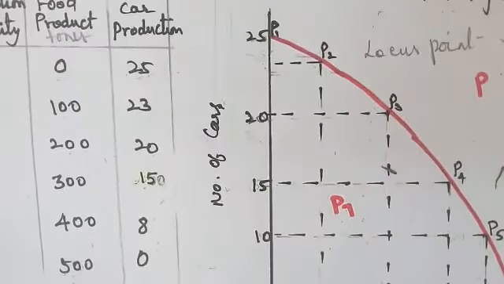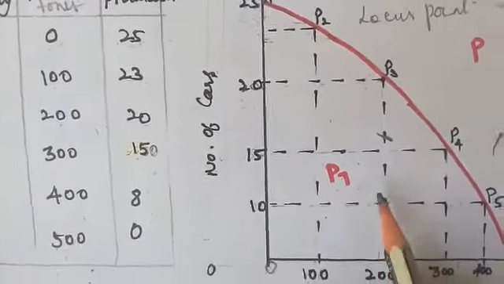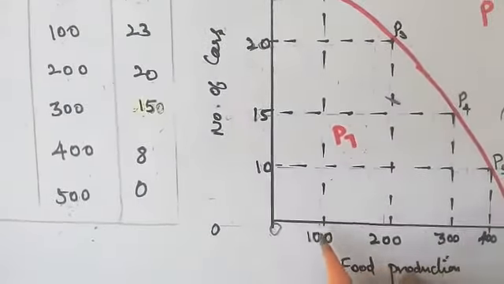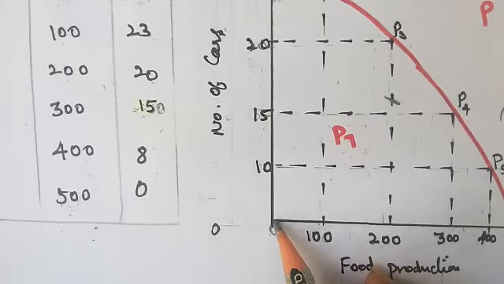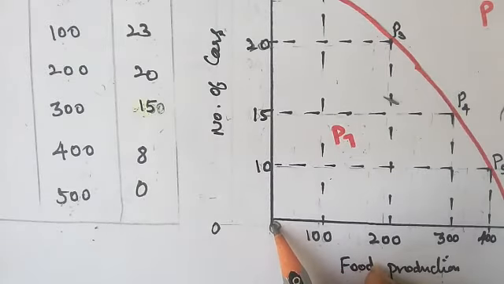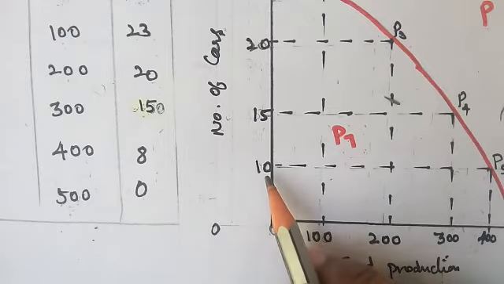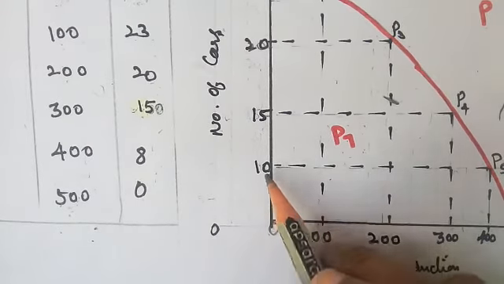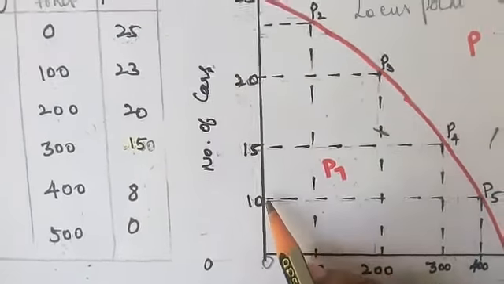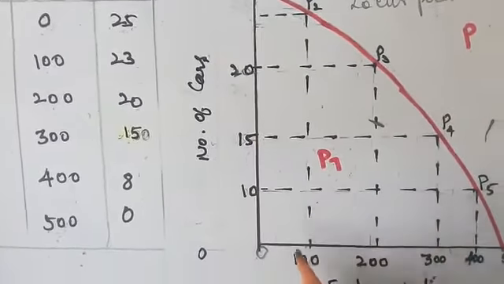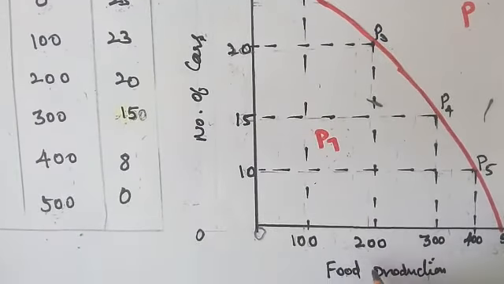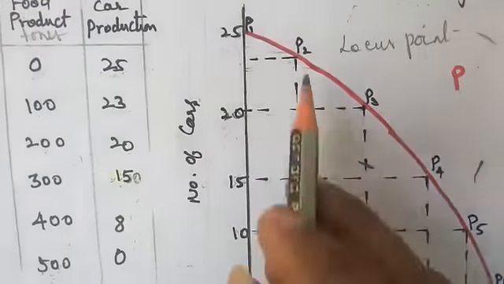Here, if food product is constant at 0, I can increase the output. If car is zero, I can increase the food production.